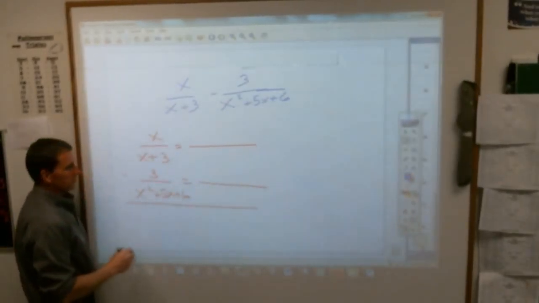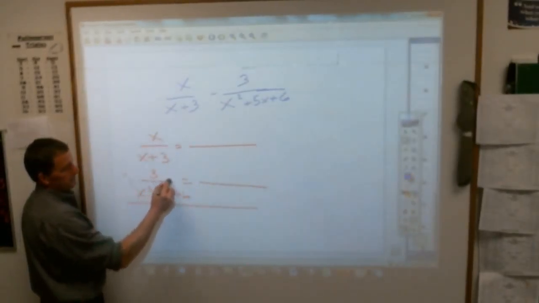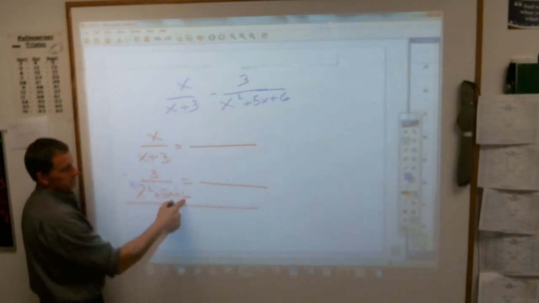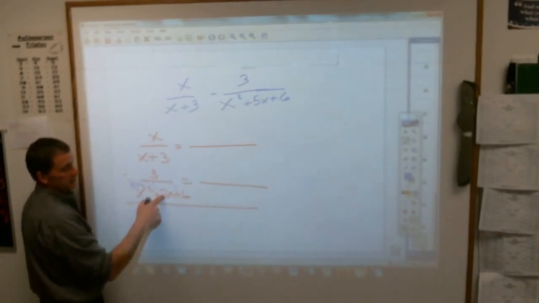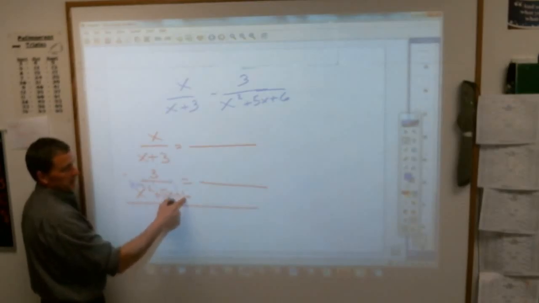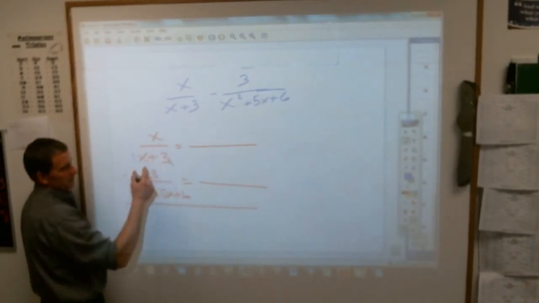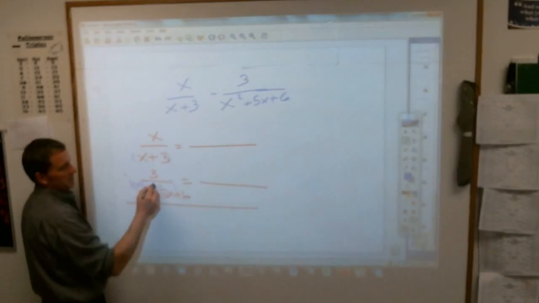Grace says x plus 6 and x. It would have to be 6 and 1. Can you get a 5 with 6 and 1? Yes, but they both have to be positive. Like I said, usually they try to give you this as one of them, because you want to be able to write x plus 3 times x plus 2.